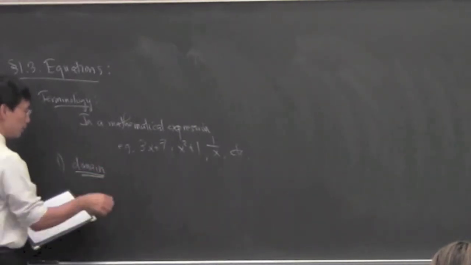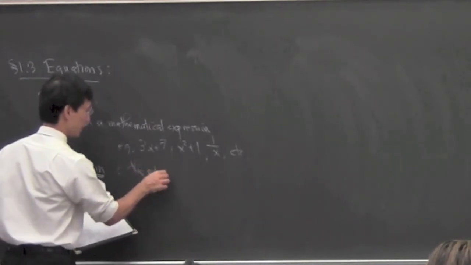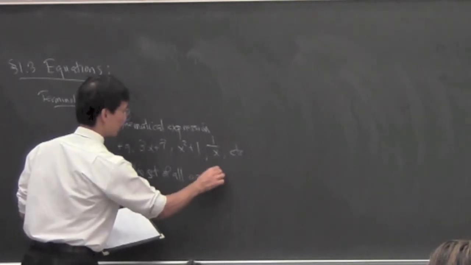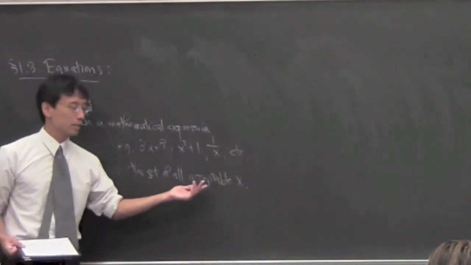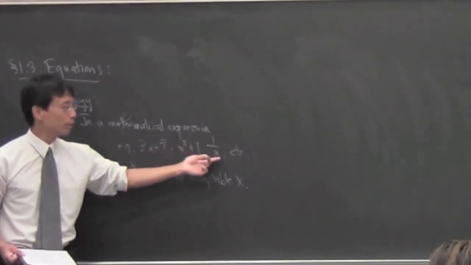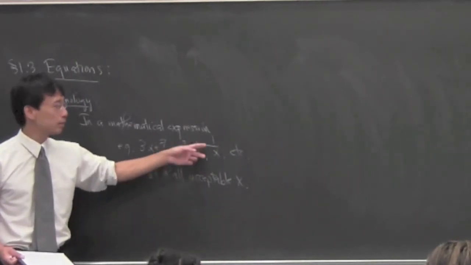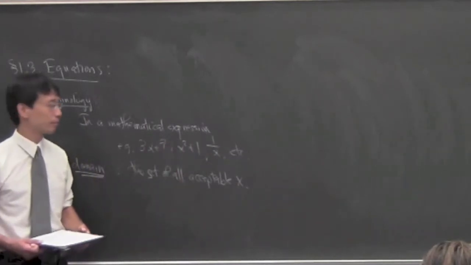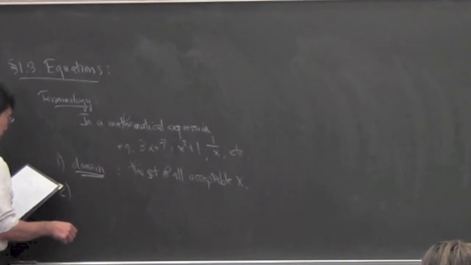So domain for us means the set of all acceptable x, and by acceptable x, I mean the x for which the expression makes sense. So for example, if we're talking about 1 over x, then the domain doesn't include 0, because 1 over 0 doesn't make sense.